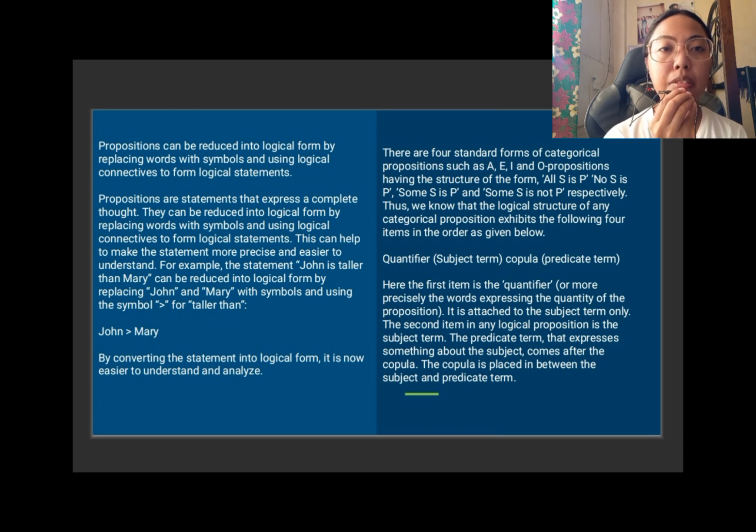It is attached to the subject term only. So the second item in any logical proposition is the subject term. The predicate term, which expresses something about the subject, comes after the copula. The copula is placed in between the subject and predicate term. A proposition is a statement that can be either true or false.